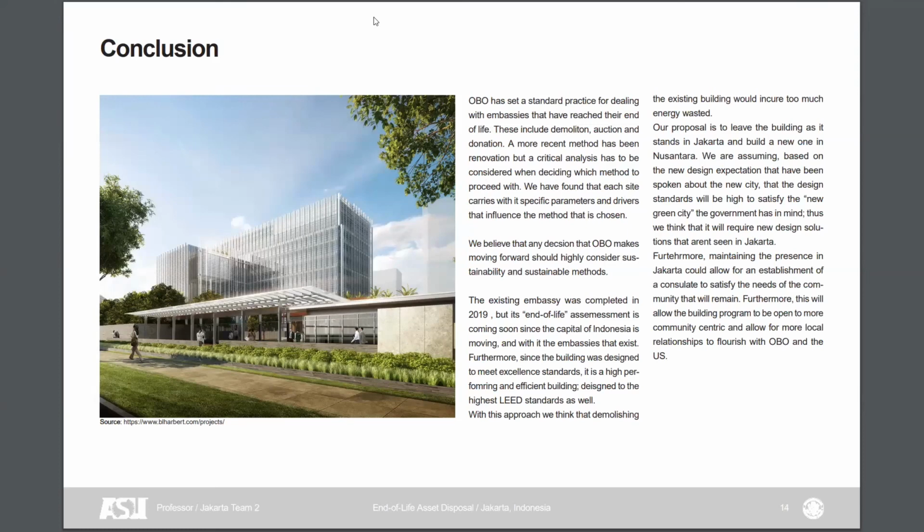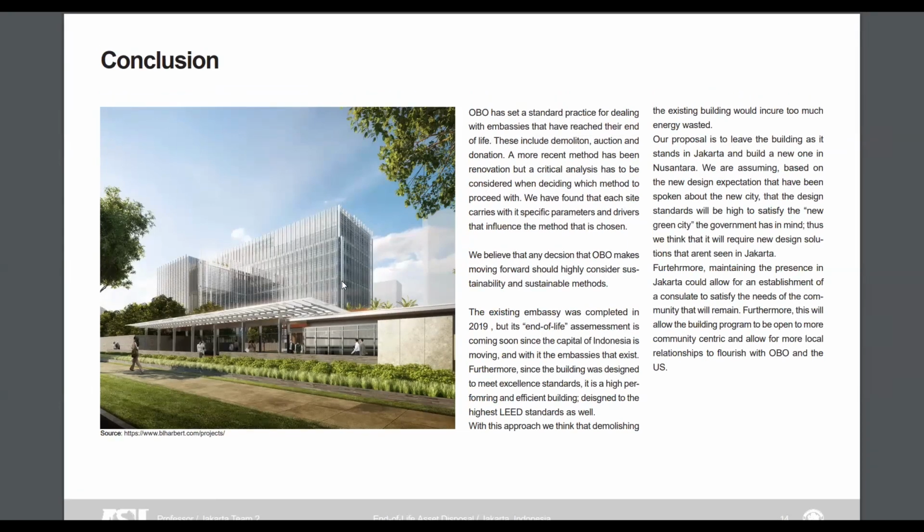And then in conclusion, within this phase, it just mainly summed up how it set up a standard practice for dealing with embassies. This included the traditional methods as well as alternative methods on what may have best seemed fit for our site.